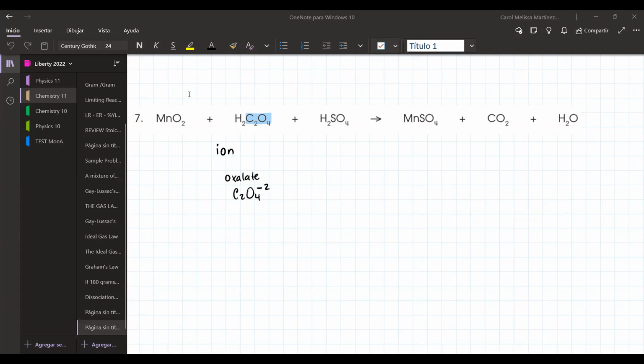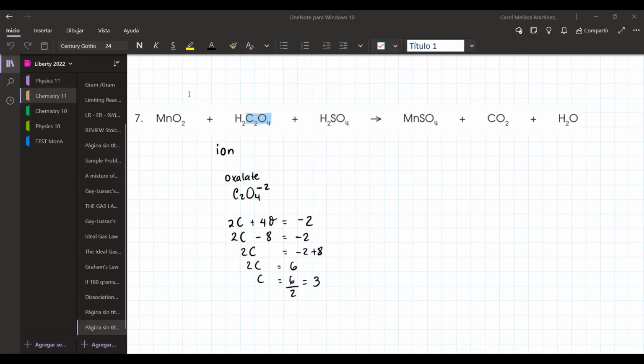So I say 2 carbons plus 4 oxygens equals -2. And then I'm going to isolate for carbon. So 2 carbons minus 8 equals -2. 2 carbons equals -2 plus 8. 2 carbons equals 6. Carbon equals 6 divided by 2, which is equal to 3.